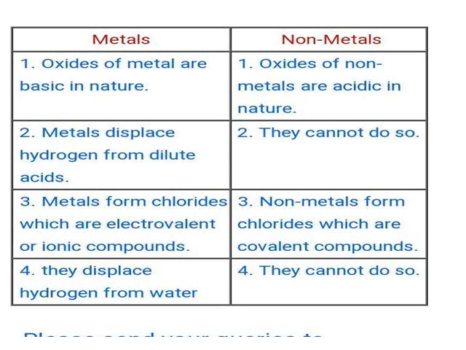Third point, metals form chlorides which are electrovalent or ionic compounds. Nonmetals form chlorides which are covalent compounds. This electrovalent, covalent and ionic you will study in detail when you go to your class 10.